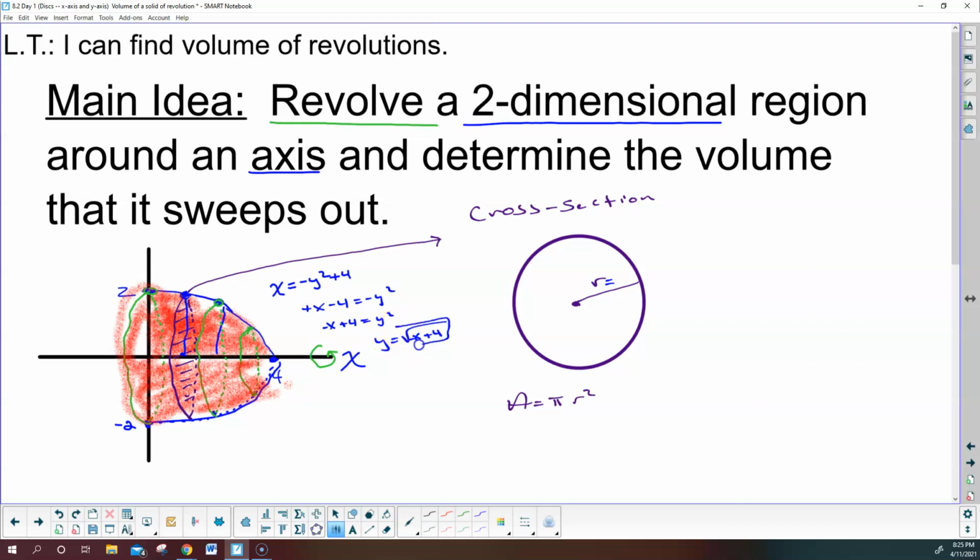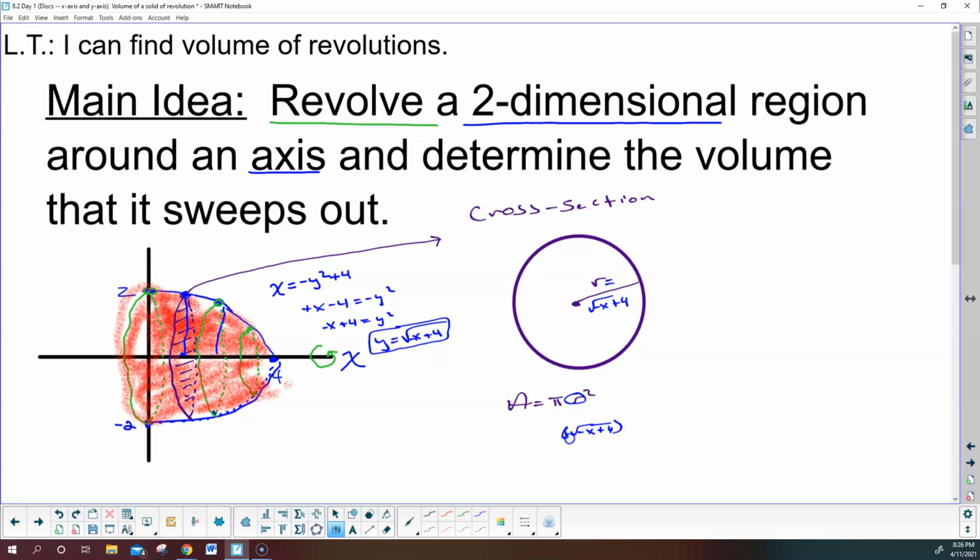So what is this? This function says whatever x is, here's the output. That's the length of the y value, which means that is our radius. Our radius is negative x plus 4. So I'm going to go to that radius and actually plug in negative x plus 4 under the square root.